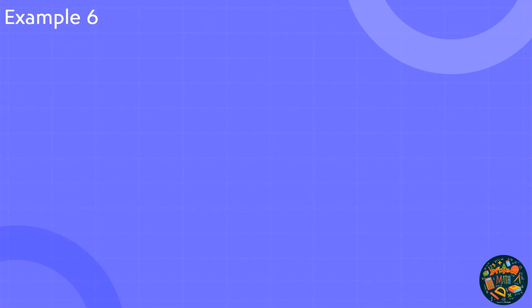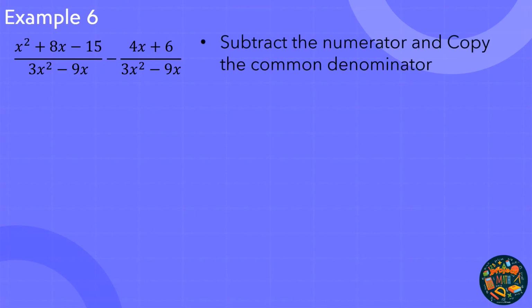Example number 6. x squared plus 8x minus 15 over 3x squared minus 9x minus 4x plus 6 over 3x squared minus 9x. So first, subtract the numerators and copy the common denominator.